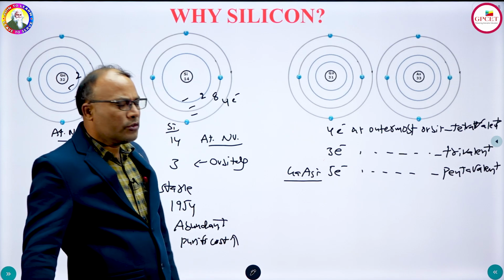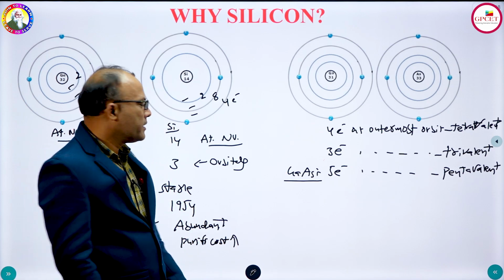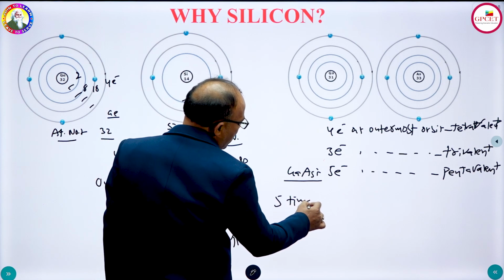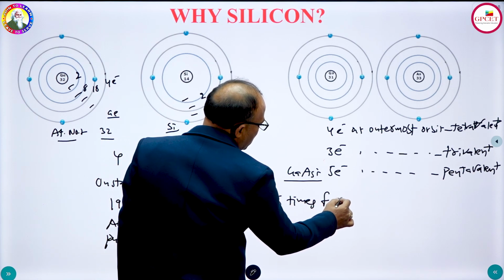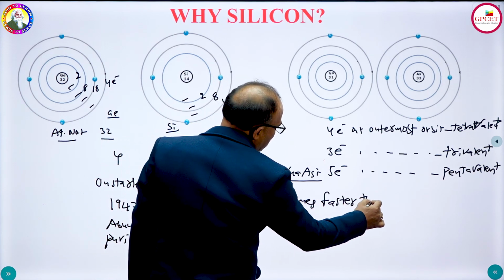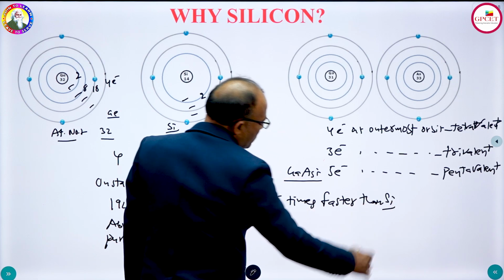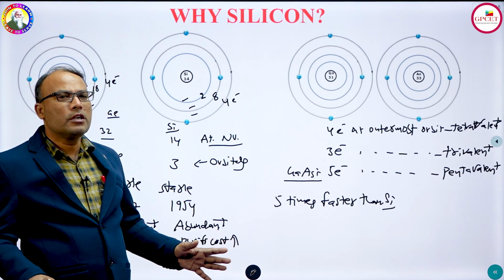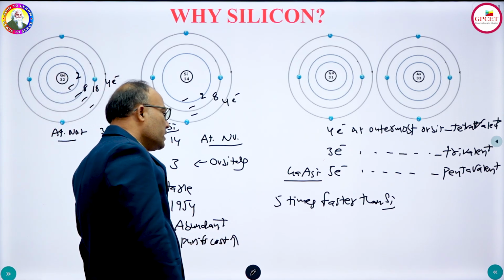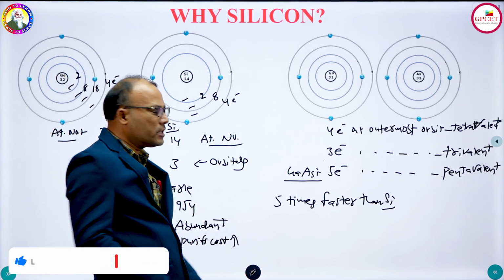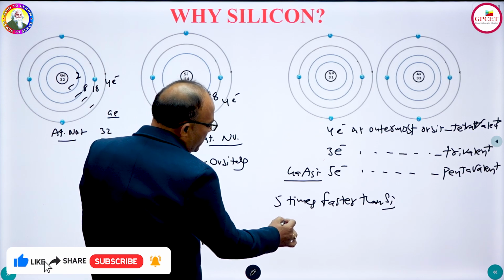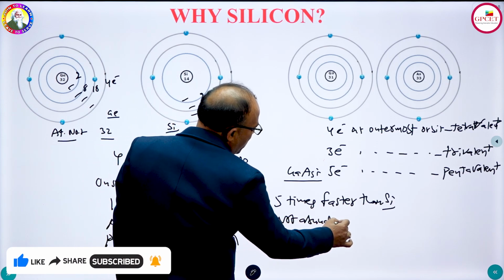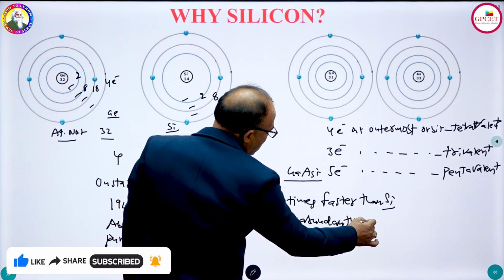Considering speed, gallium arsenide is 5 times faster than silicon material. And the raw material is not abundantly available on Earth's surface, because we need to import gallium arsenide from other countries.